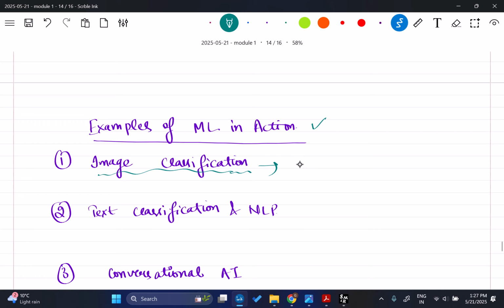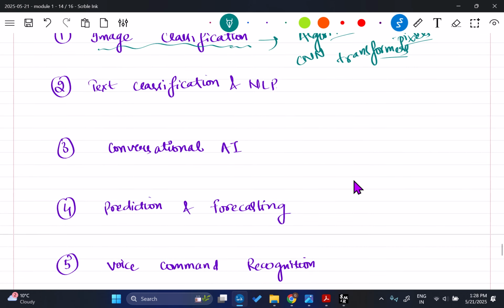So we design some algorithms which can analyze the pixels of the scans or the images, and learn the patterns using some CNN models or transformers to identify those abnormal pixels, and help us to classify the images into the different categories like tumor based or non-tumorous images and all that kind of things.